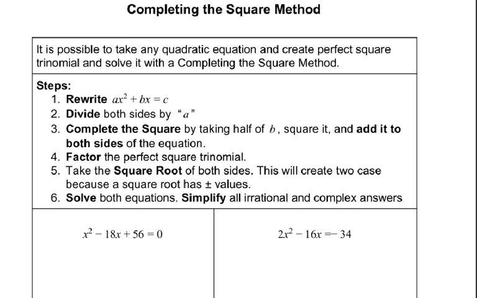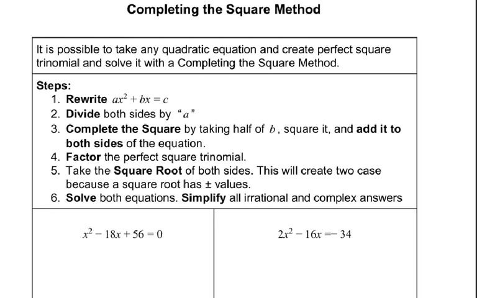But unlike setting the equation equal to 0 in the factoring method, we are going to rewrite it so the constant term is moved to the other side of the equation. That's step number 1. Number 2, if we have a leading coefficient other than 1, we need to divide the whole equation to make the leading coefficient 1.